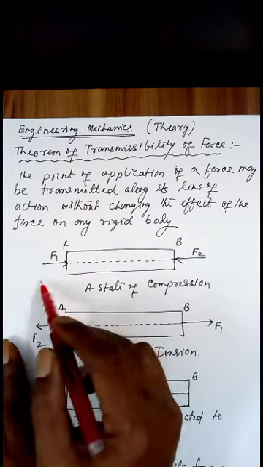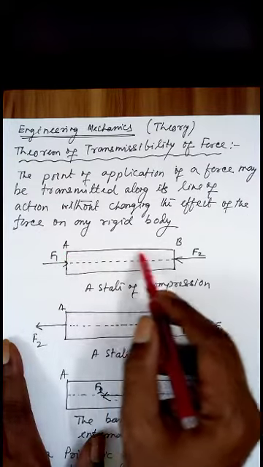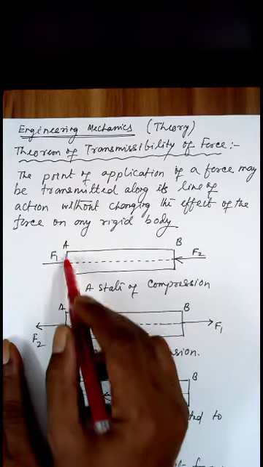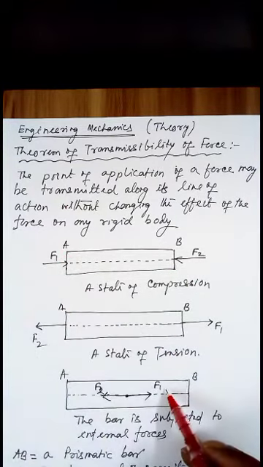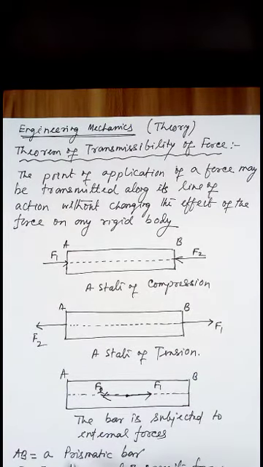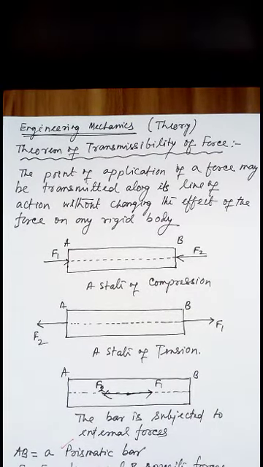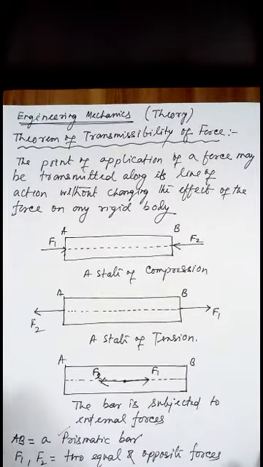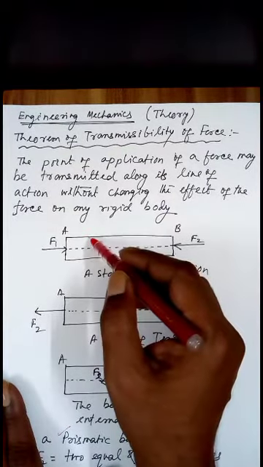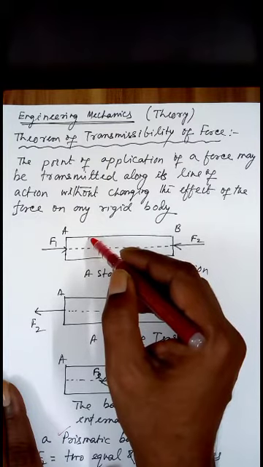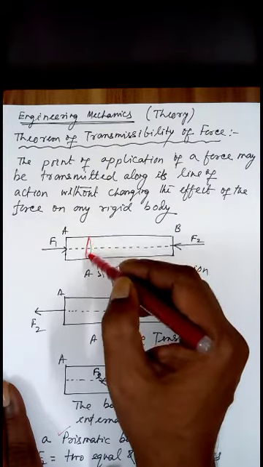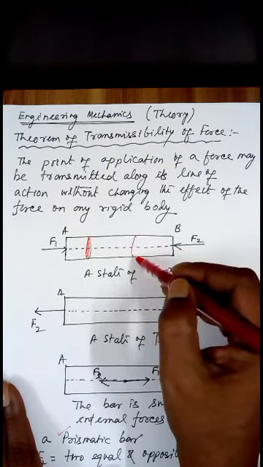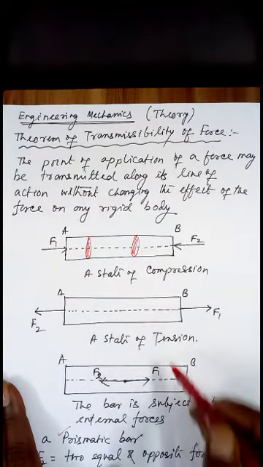Now, in the first diagram here, this rectangular one, AB, is a prismatic bar. Prismatic bar means the area of cross section is the same at all points. The area of cross section here is the same as the area of cross section here, all throughout the same, right?